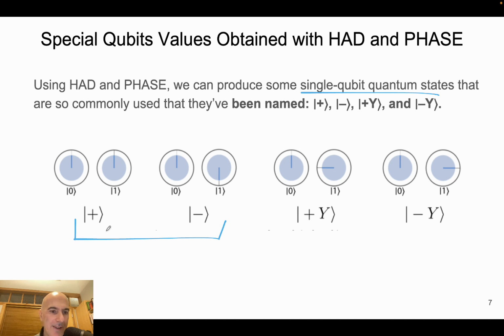The first pair is the plus and minus quantum states, where the minus has a phase rotated by 180 degrees. Then we have another pair of qubit states, plus y and minus y. Plus y is a relative phase of 90 degrees, and for minus y we have a relative phase of 270 degrees. So this is the last slide, and talk to you soon.